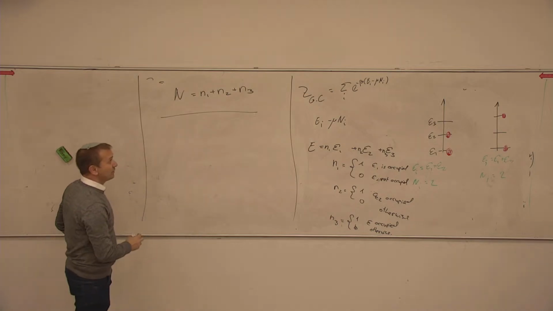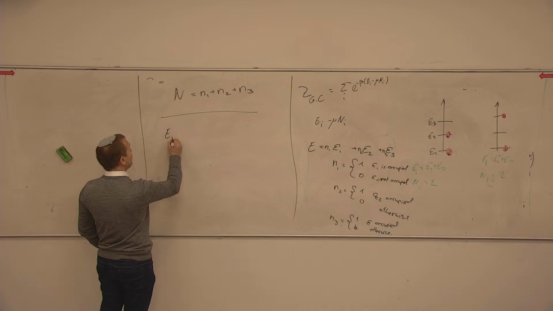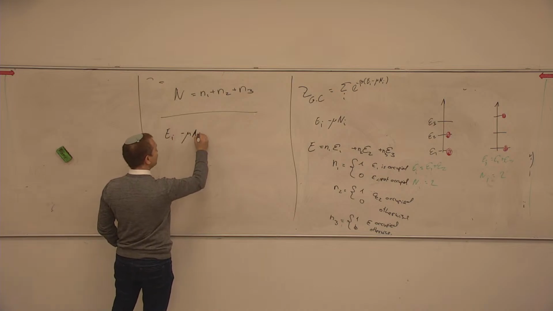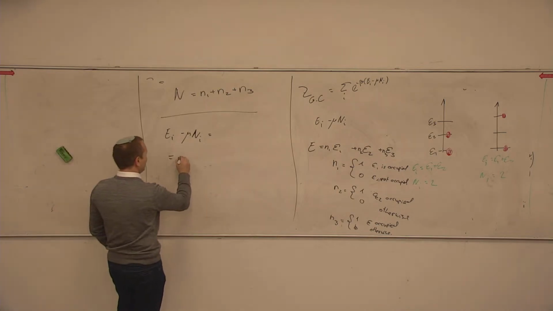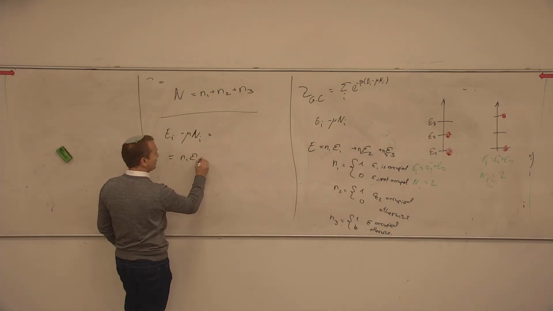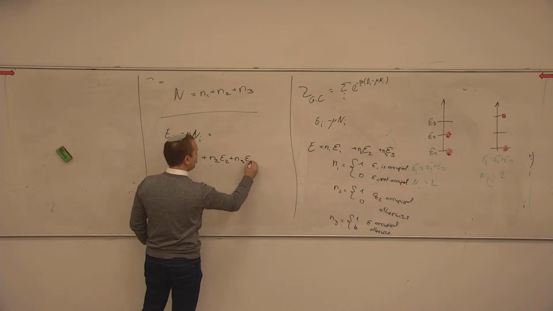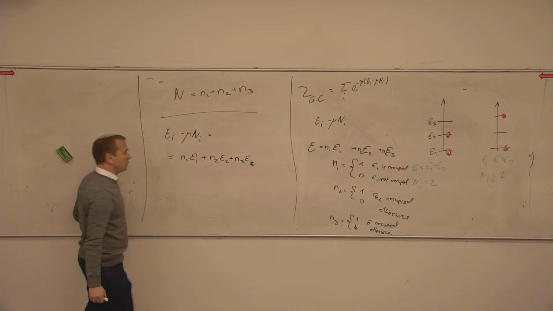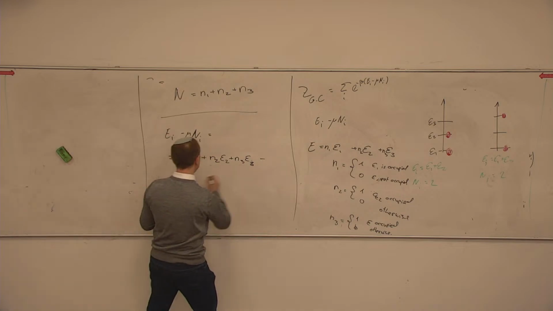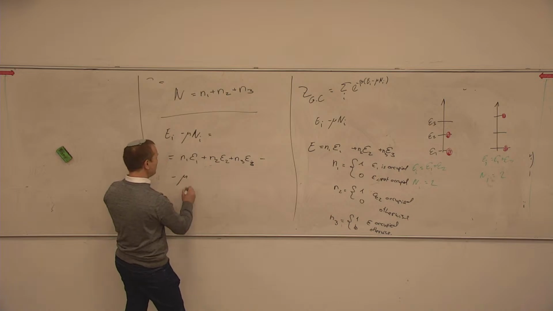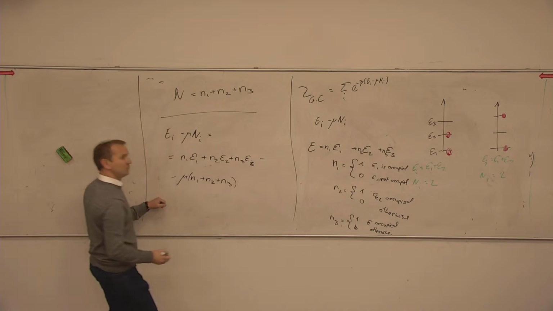So write down the following thing. E_i minus mu N_i is n1 epsilon 1 plus n2 epsilon 2 plus n3 epsilon 3, with specific values for n1, n2, and n3, minus mu times (n1 plus n2 plus n3).